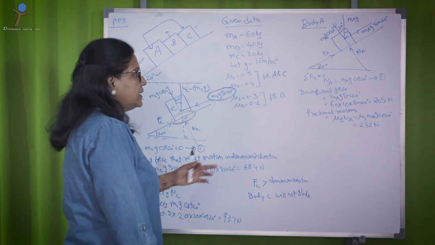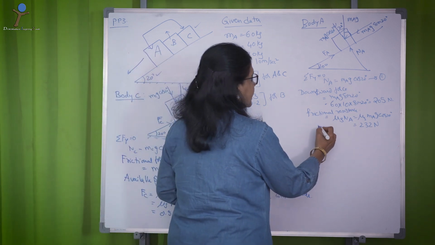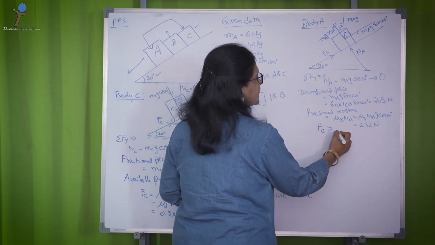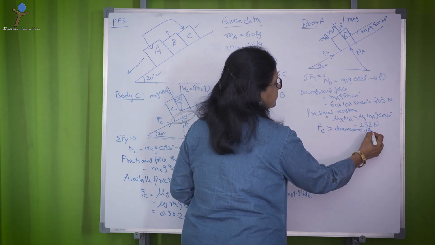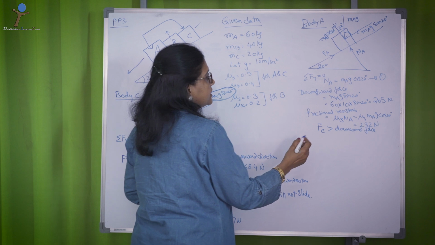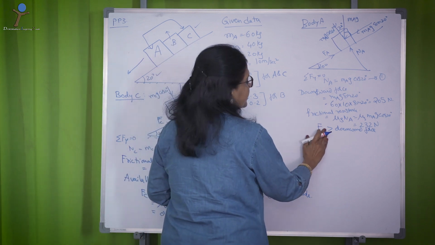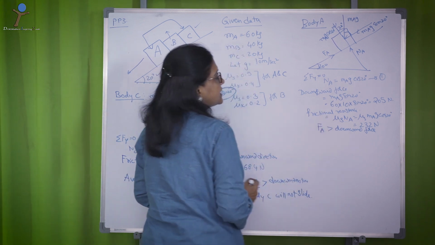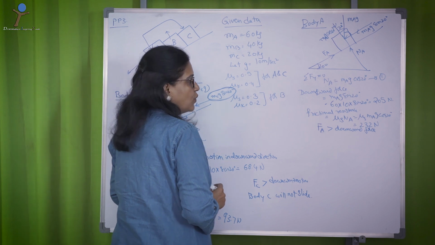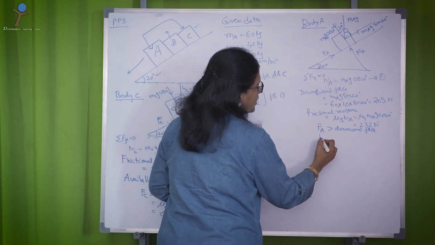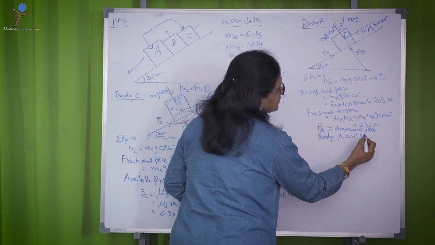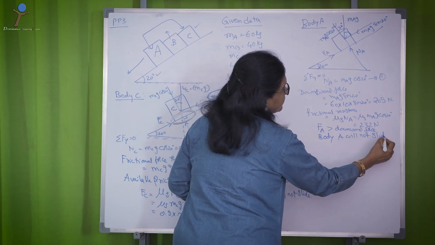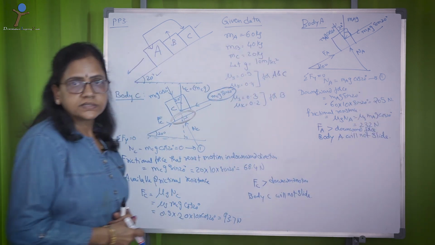So, here again your FA is greater than your downward force. That means body A will not slide.